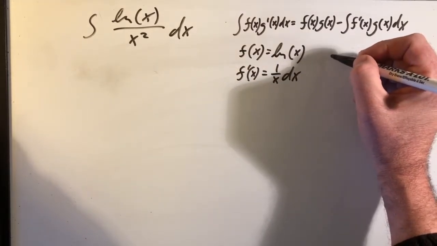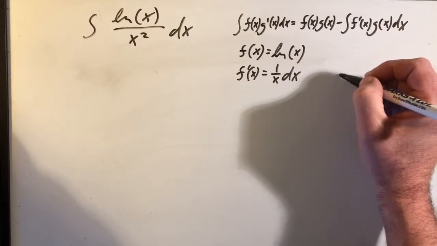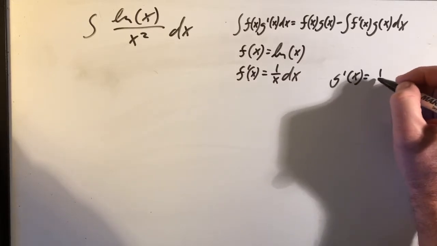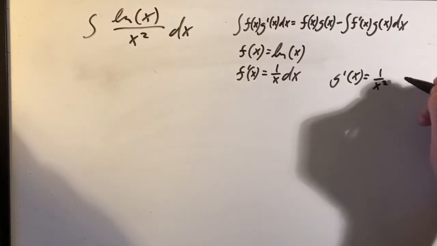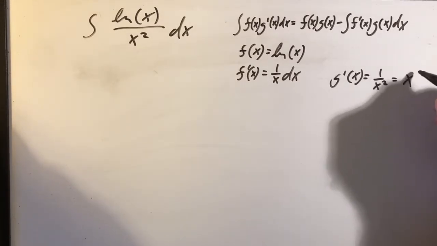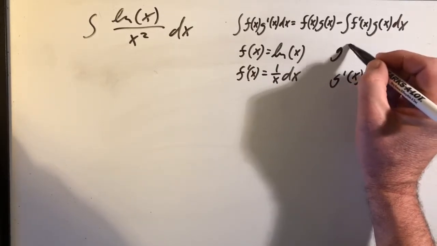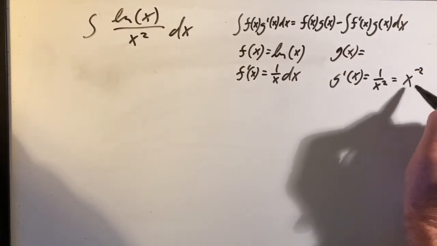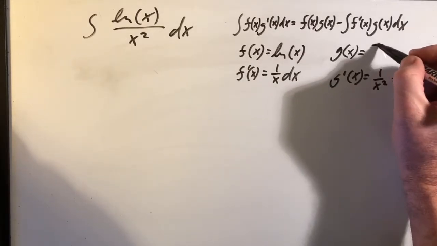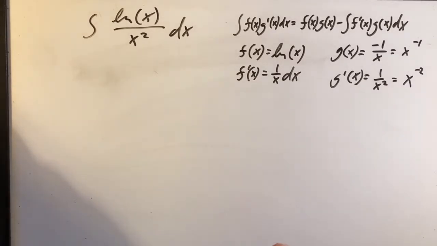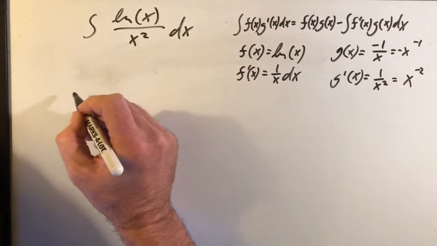And then my g prime of x is 1 over x squared, or also x to the minus 2. So now I need to take the integral of that to give me g of x. If I just look at it, I wind up getting negative 1 over x, or negative x to the negative 1. So let's work forward based on that and see what happens.